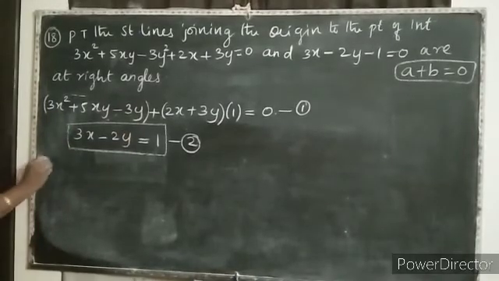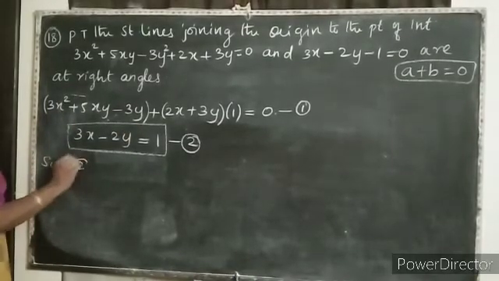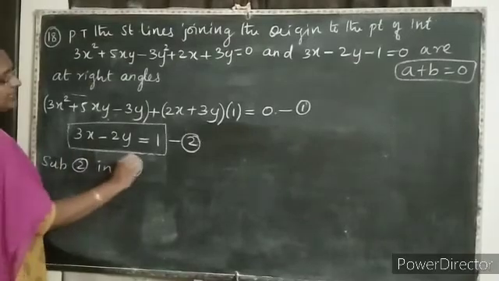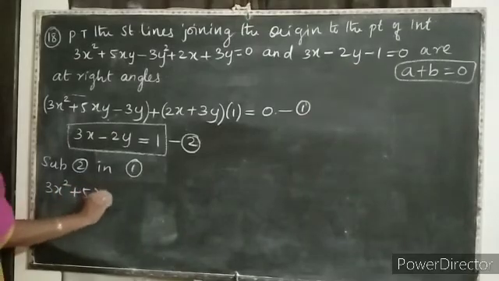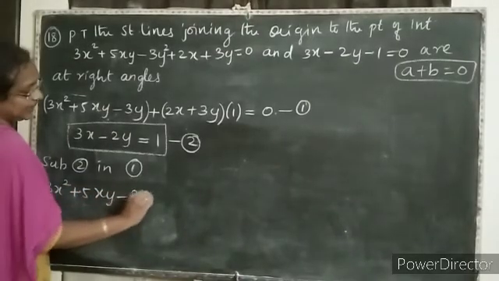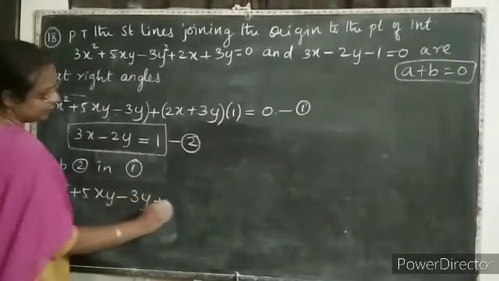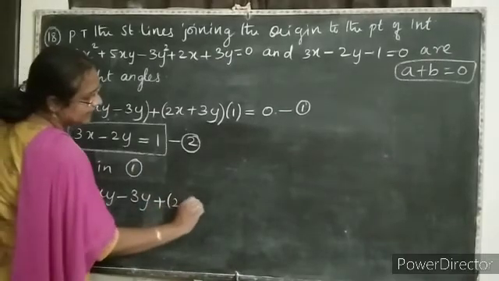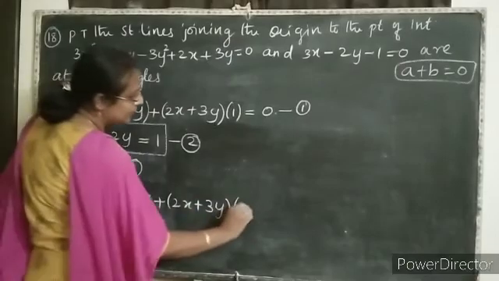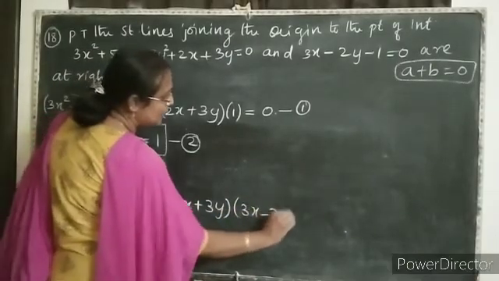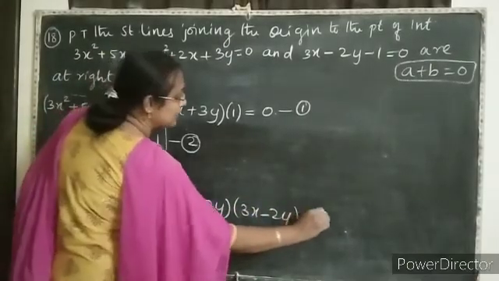Okay, so substitute the second equation in the first equation. So the first equation will become 3x squared plus 5xy minus 3y squared plus, what you will get, 2x plus 3y, instead of 1, I am going to use what? 3x minus 2y equal to 0.